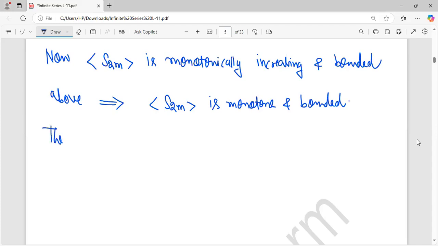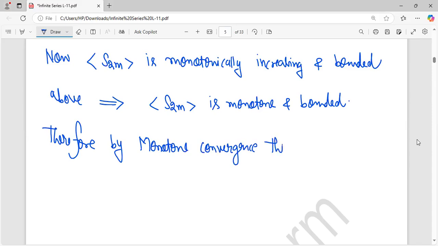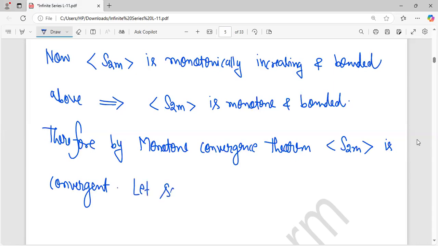Therefore, by the monotone convergence theorem, this sequence is convergent. Okay. Let's say, because this sequence is convergent, the limit as m tends to infinity of S_2m is L.